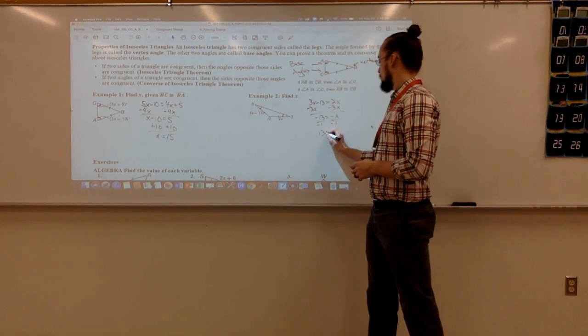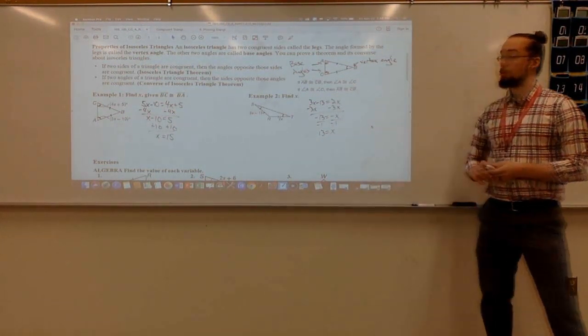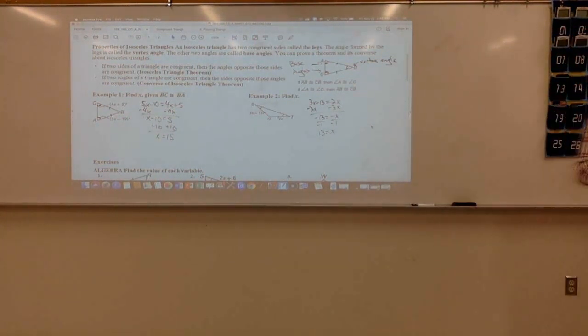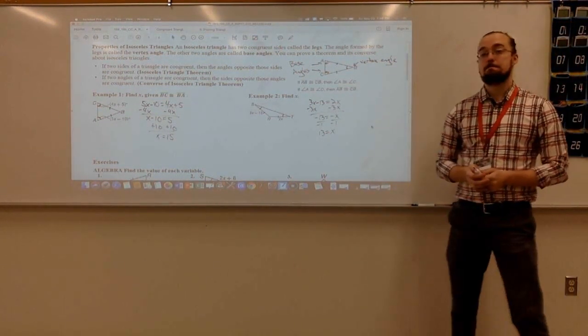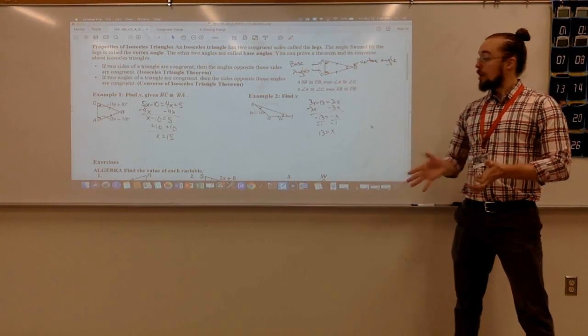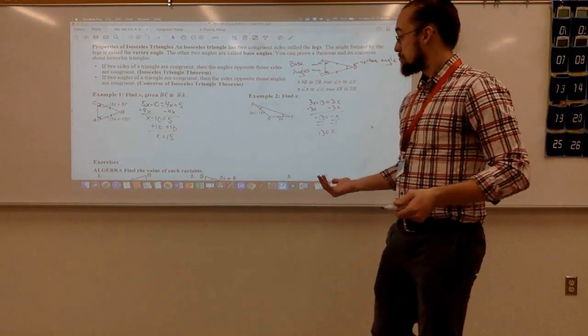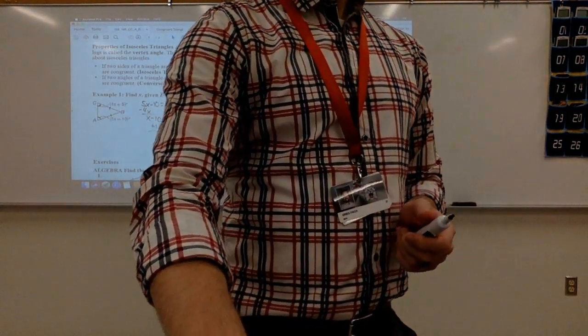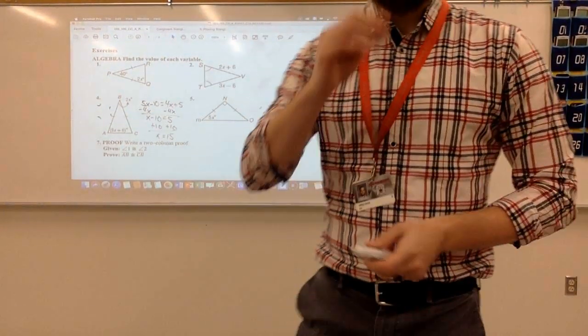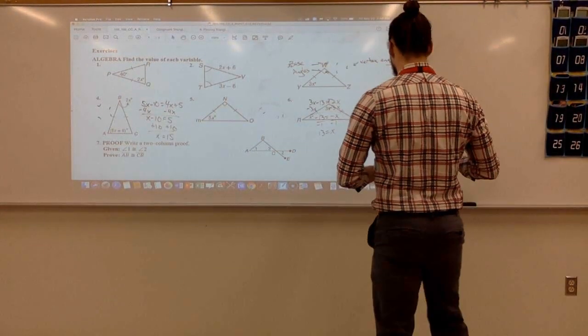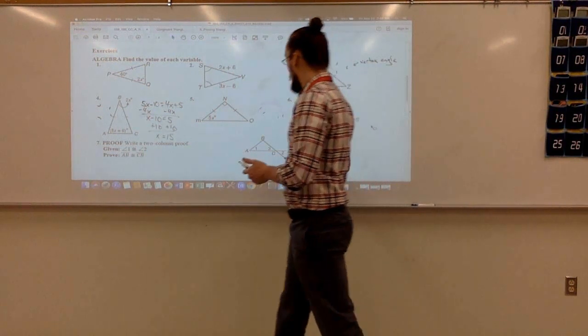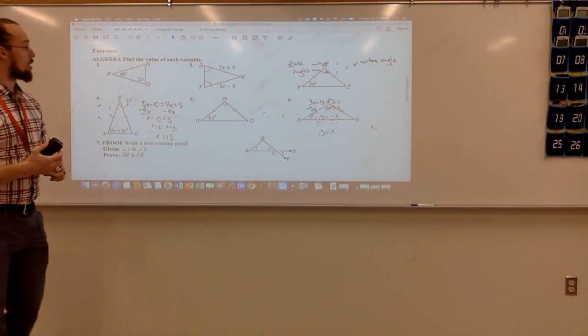For it to be an isosceles triangle, we would have to have two congruent sides. So let's take a minute and try a couple of these here, okay? Under the exercises down here, we are given, and these are all isosceles triangles, right?